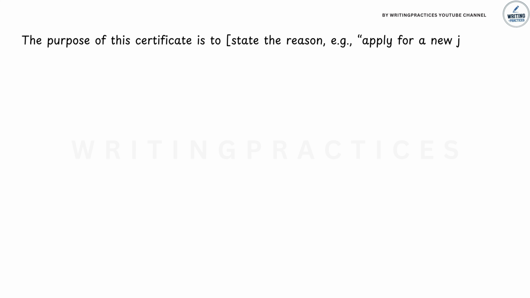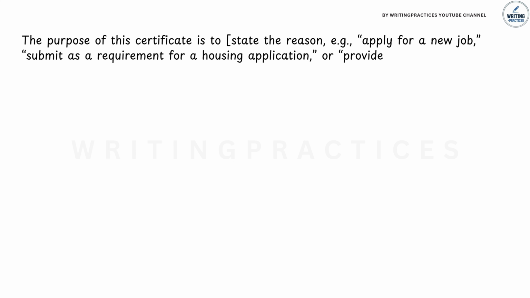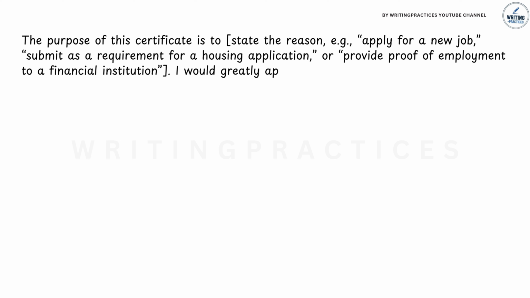Body paragraphs. The body of the letter elaborates on the details of your request. You explain why you need the certificate and specify the information it should contain. For instance, the purpose of this certificate is to state the reason, such as apply for a new job, submit as a requirement for a housing application, or provide proof of employment to a financial institution.